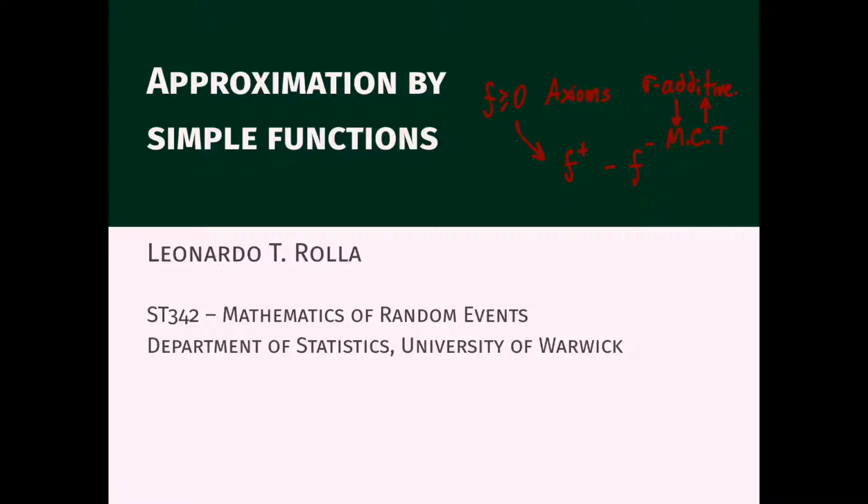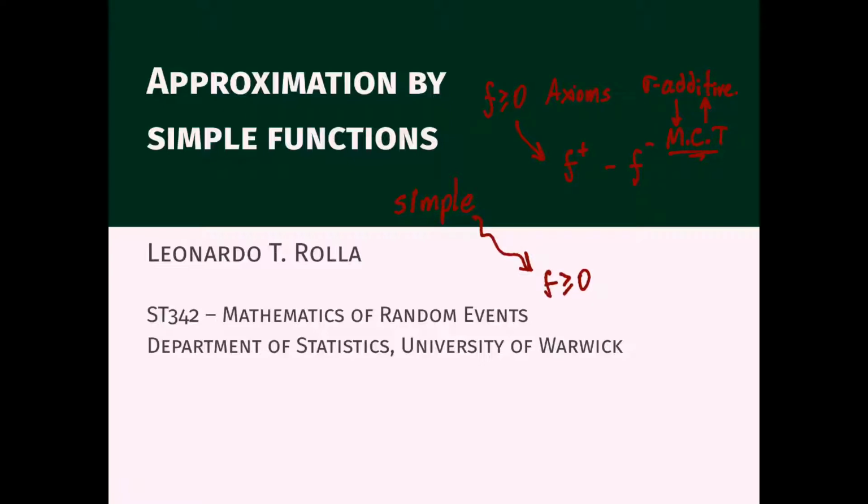And we just proved the monotone convergence theorem in the previous video lecture. And it is extremely convenient to have the monotone convergence theorem. Why is that? Because we have already defined the integral for simple functions, and we use the definition of the integral for simple functions to define the integral of non-negative functions.